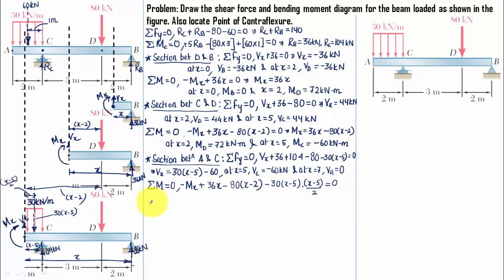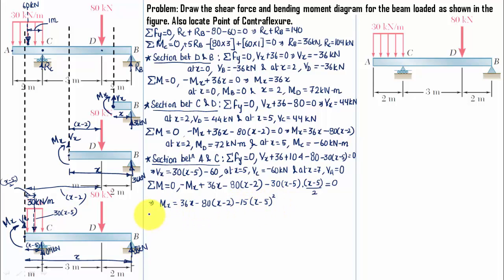Now, okay, the moment has arrived to frame this equation in a better way. Mx is going to be equal to 36x minus 80 times x minus 2 minus 30 over 2, which is obviously 15, times x minus 5 square.